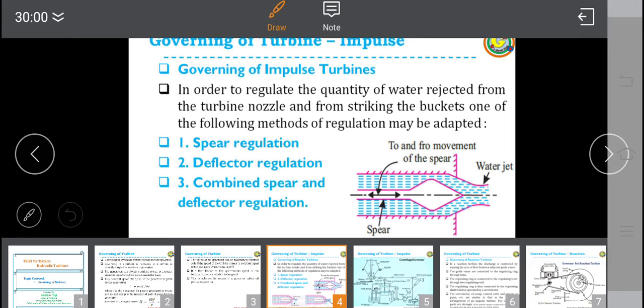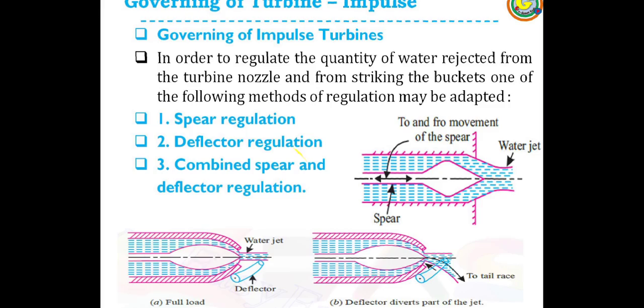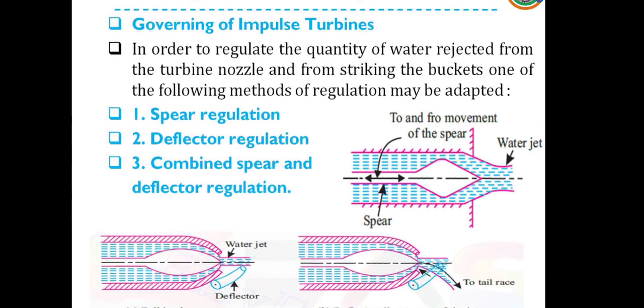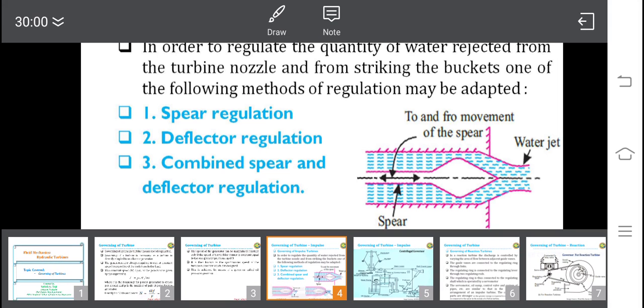Next, you can see here some figures showing how to regulate the Francis turbine and the impulse turbine, that is the Pelton wheel. Francis turbine is a reaction turbine. How to regulate?